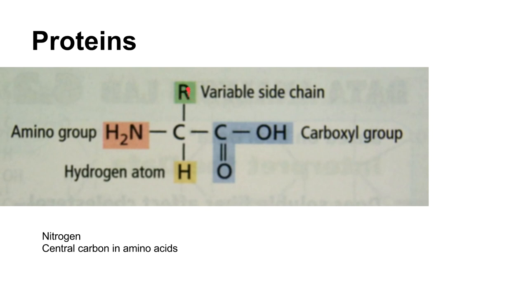And then this variable side chain. On the periodic table, you don't see anything with an R, but this could be a variety of different elements attached here. All other amino acids are identical in this area, and this is how they're different. When you attach a bunch of amino acids together, you make a protein.